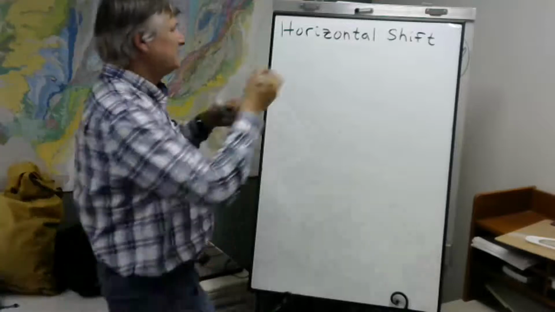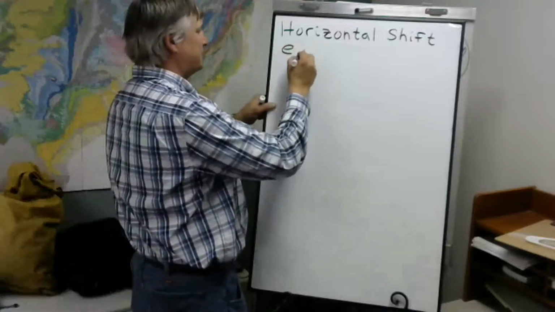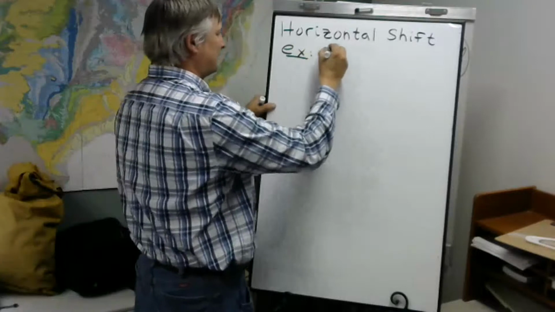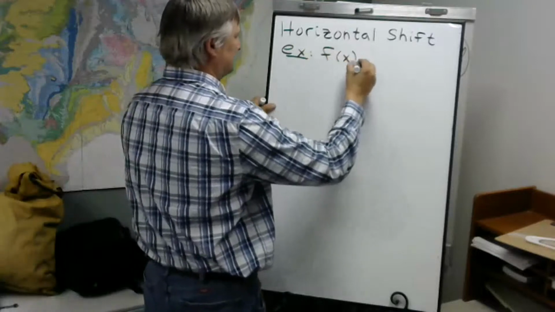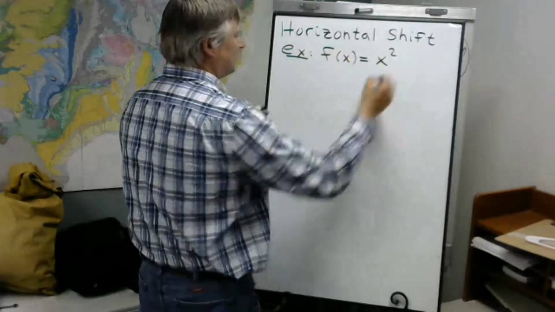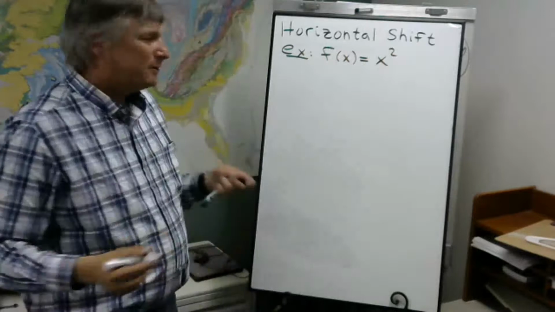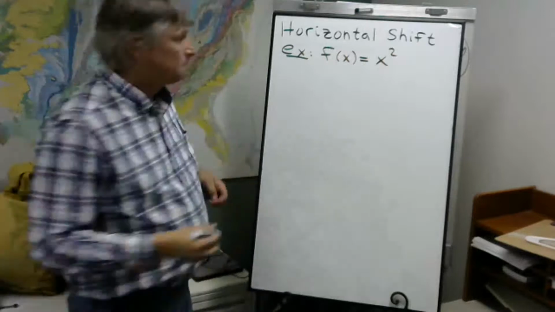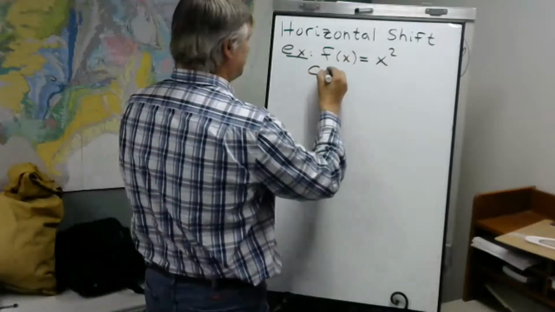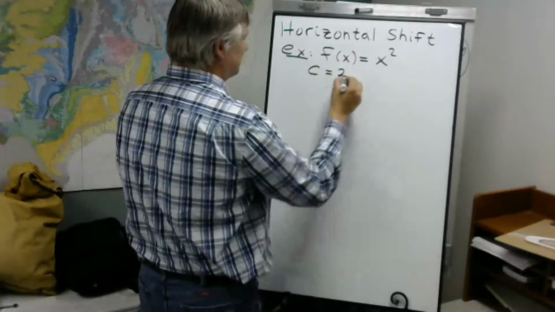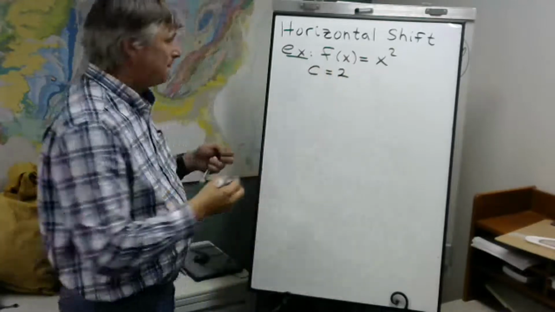Again, let's look at our friend f of x is x squared. And again, let's go as c being 2. So c is 2.